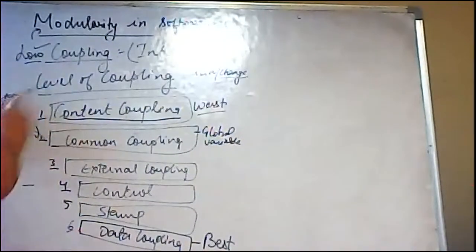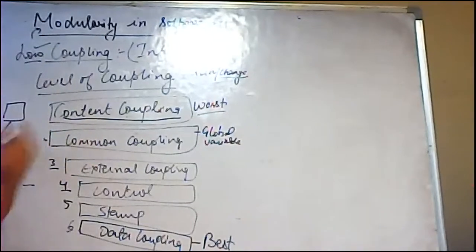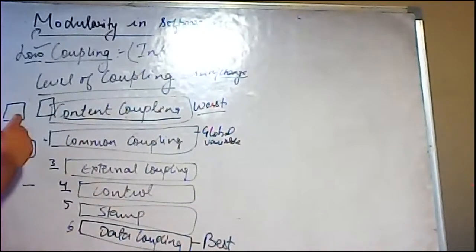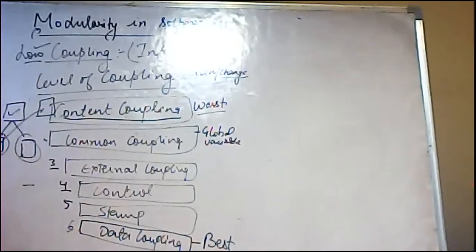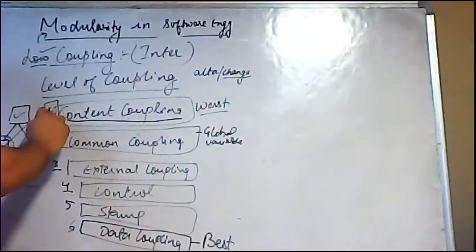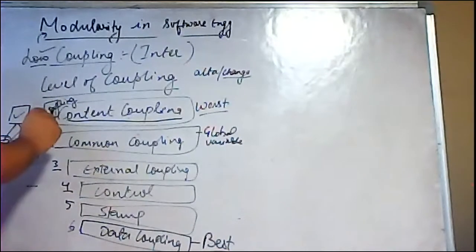Okay, next is your external coupling. External means outside. This is a module, and there is another module in your program. This is a sub part of this module, but it is not connected with this one. The function written in this module is called from another module, and that will also affect your coding.